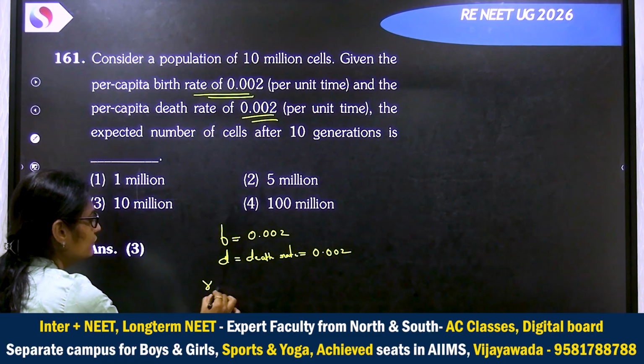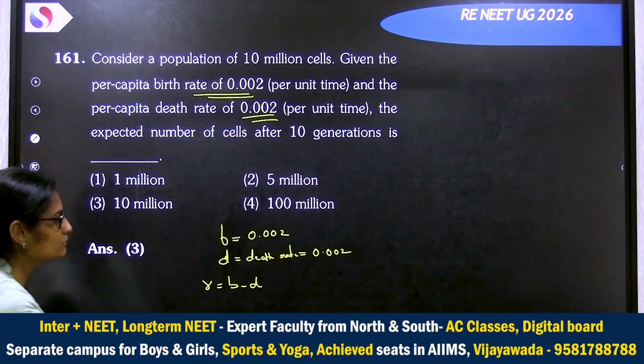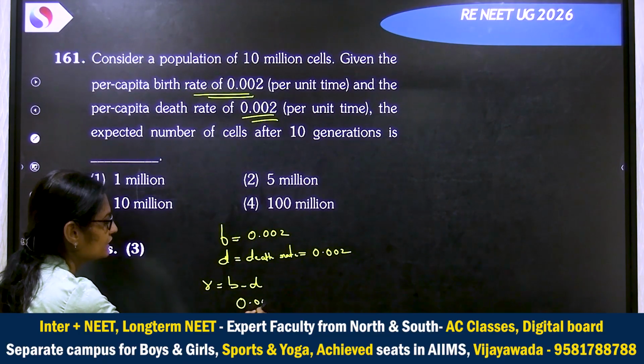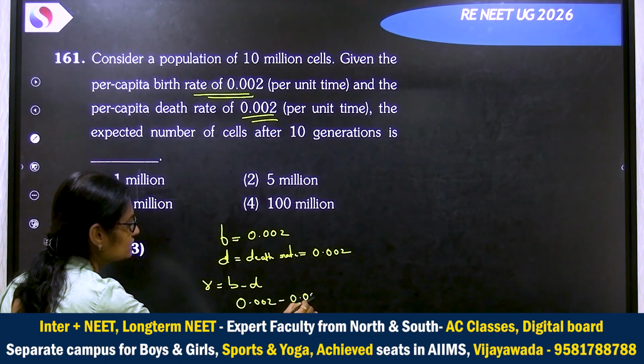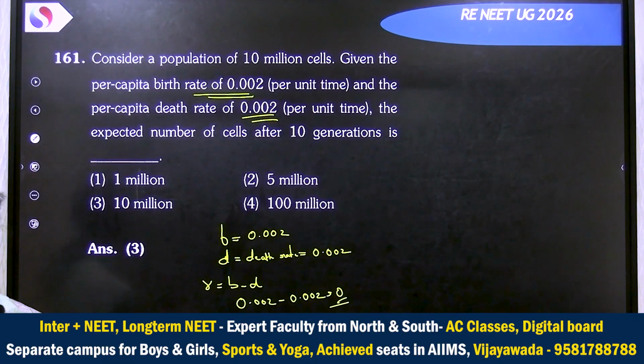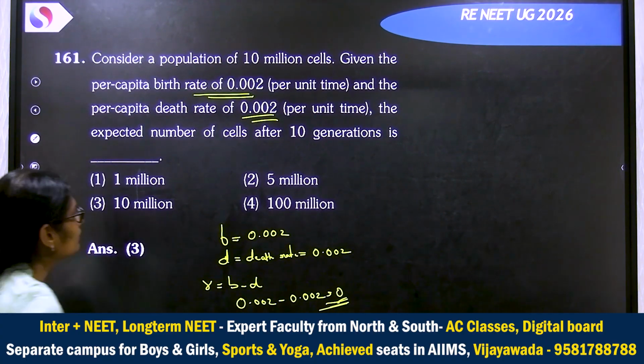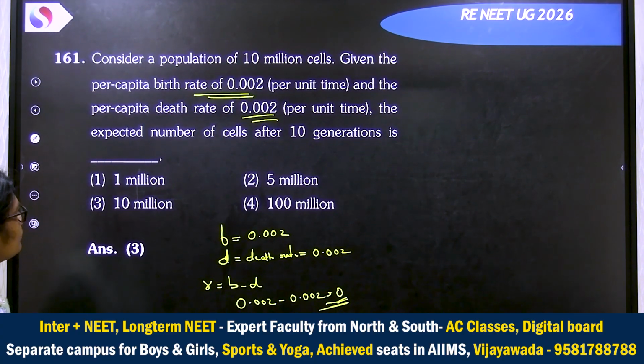What is the formula we have to apply there? R is equal to B minus D. If you apply R equals B minus D, 0.002 minus 0.002, what do we get? 0. Irrespective of the number of generations, B minus D is 0, so no growth can be expected.